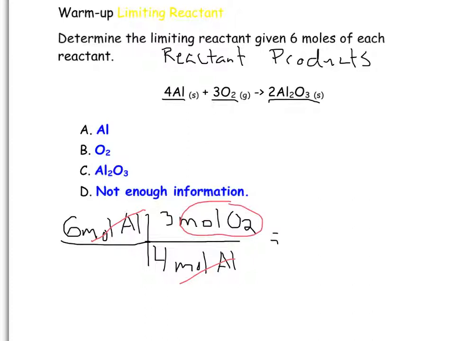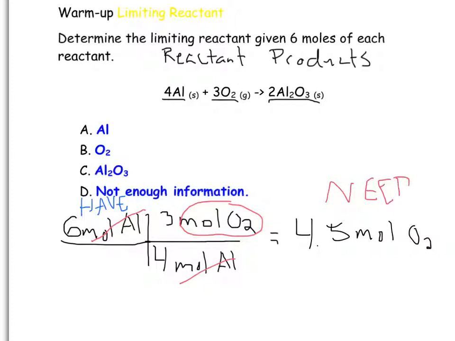And this will give us an answer equal to 4.5 moles of O2. And as always, I like to go through and label these. Alright, this is how much aluminum I have, and this is how much O2 I would need.